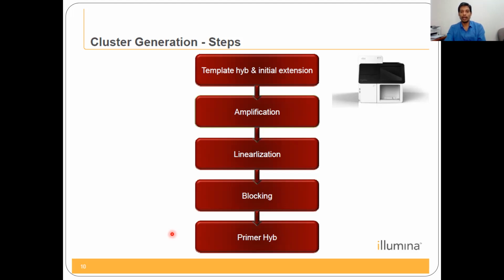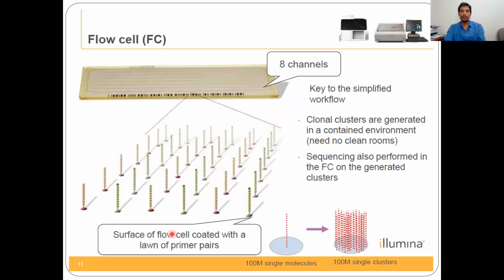What is happening in these steps? We will understand by the slides, which you can see. The flow cell is the chip which you put into this machine, the cluster generation machine, a small one which contains around 8 channels.